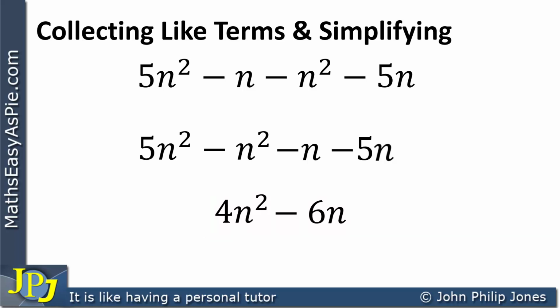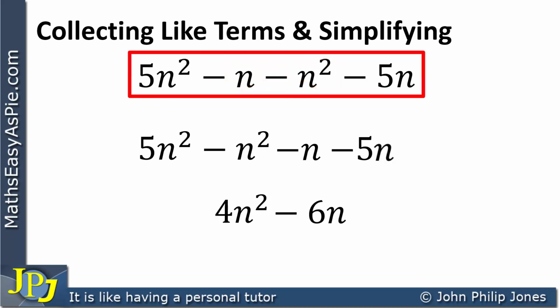But before I go on, I want to emphasize this point. You see, this n squared is not a like term with this n. n and n squared are not like terms. So just bear that in mind when you're dealing with these types of examples.